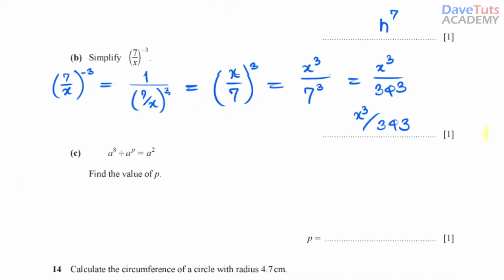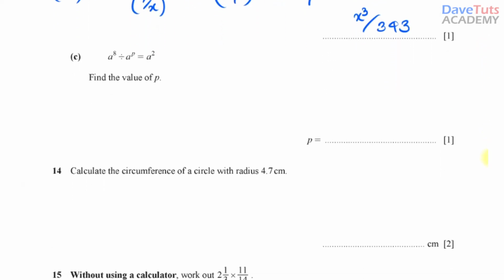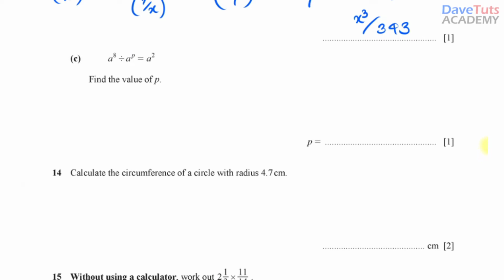And I think this is as far as we can go, and that can be our answer in this particular case, okay? So here we are looking at this question in which we have a to the power of 8 divided by a to the power of p is equal to a to the power of 2. Now, also using the law of indices, we can just take one a, then since it is division, we have 8 minus p.